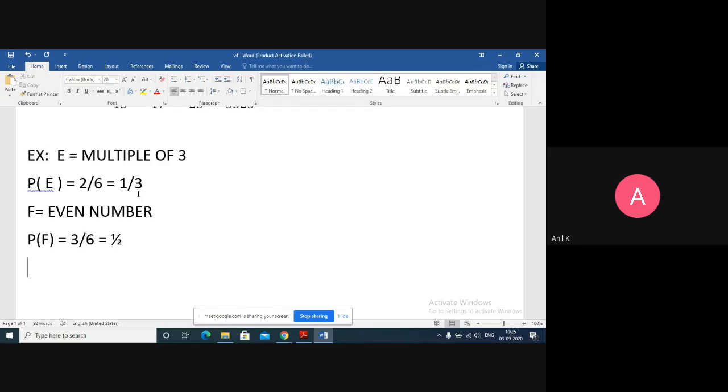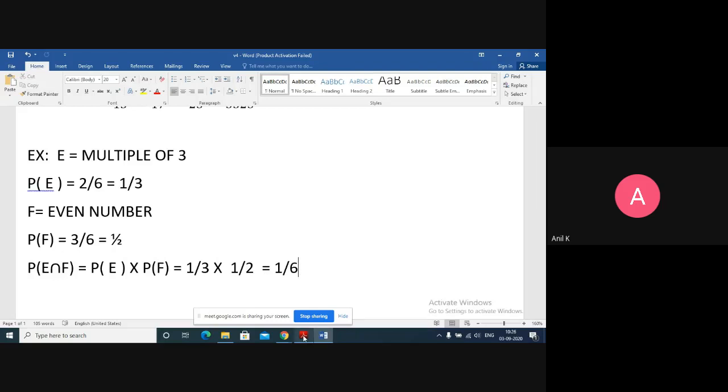So you can say P of E intersection F will be the same as P of E into P of F, which is equal to 1 by 3 into 1 by 2, which is equal to 1 upon 6. So this is the answer of the question.